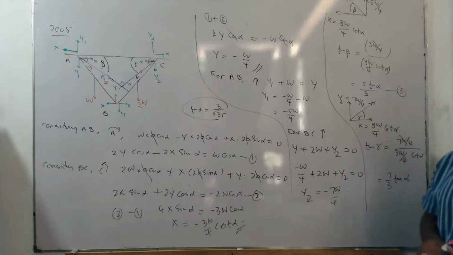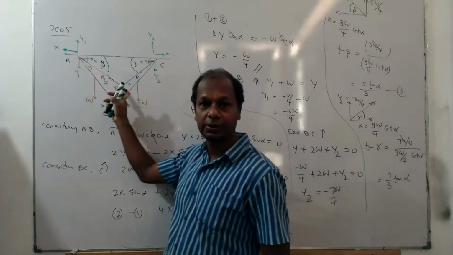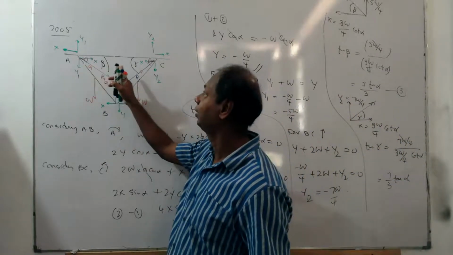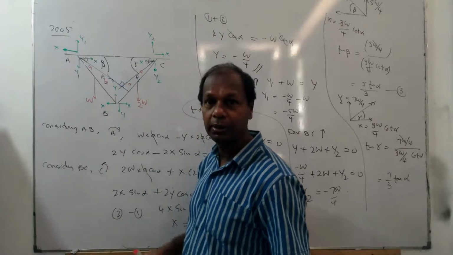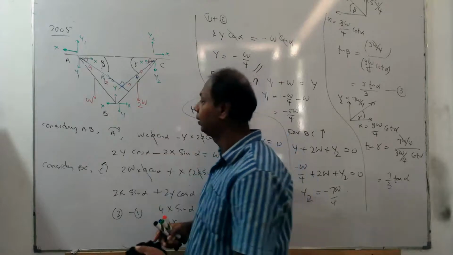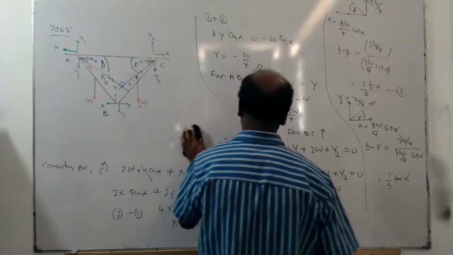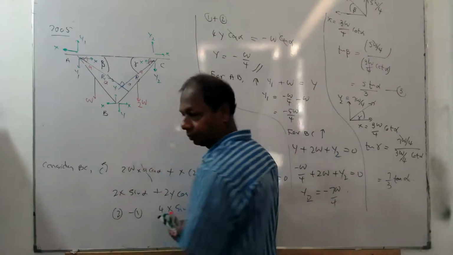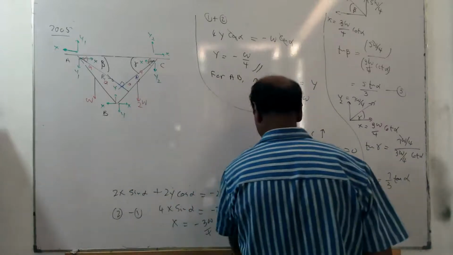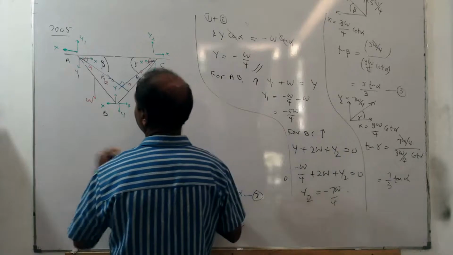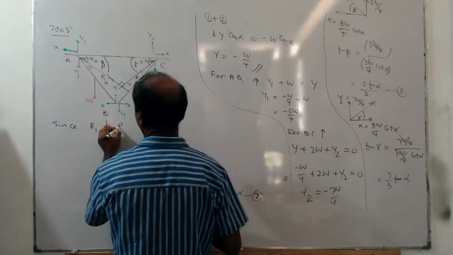Now we can connect them. How? You are given that they are perpendicular to each other. That means gamma equals pi by 2 minus beta, since the two reactions are perpendicular to each other, since R1 is perpendicular to R2.